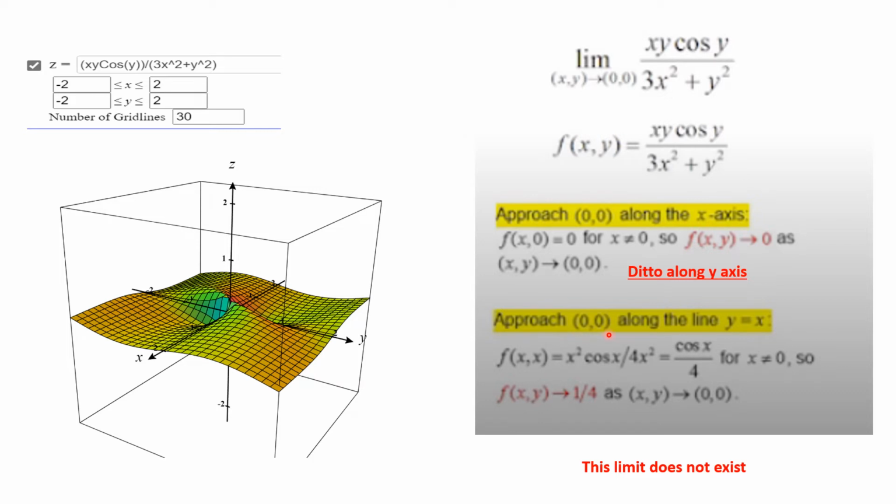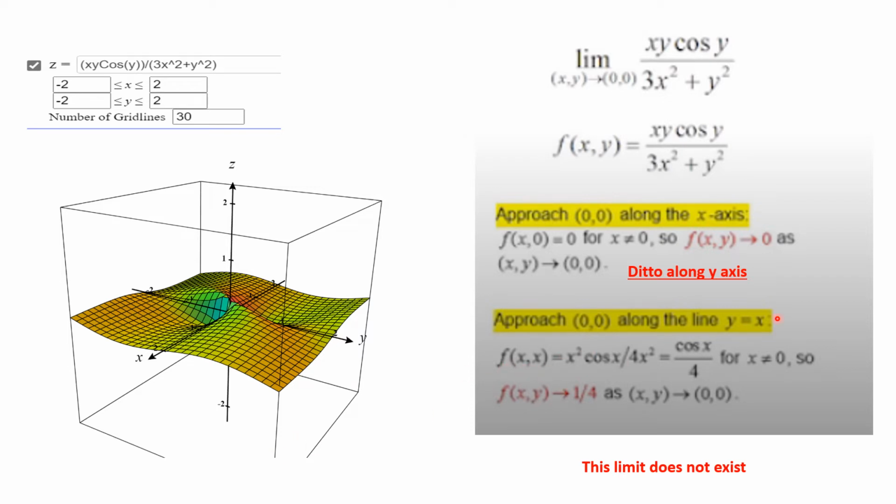We're now going to approach it along the line y equal x. Now if I look in my x, y, and z plane, y equal x is this line here. So I'm approaching this on this line in the xy plane.